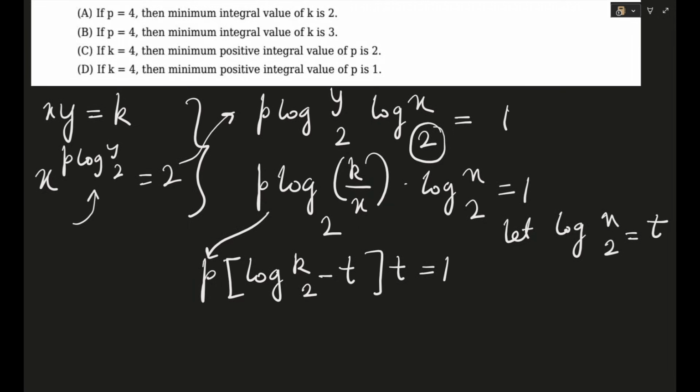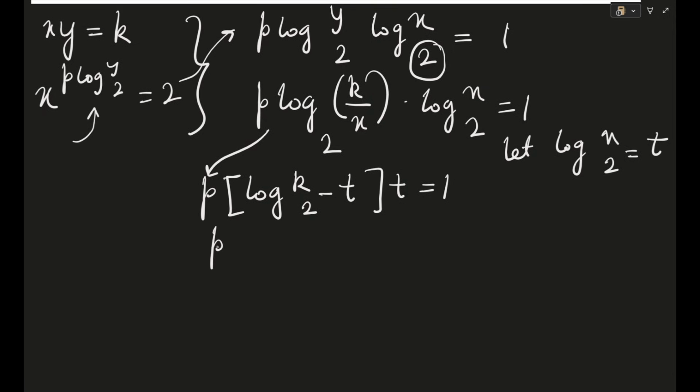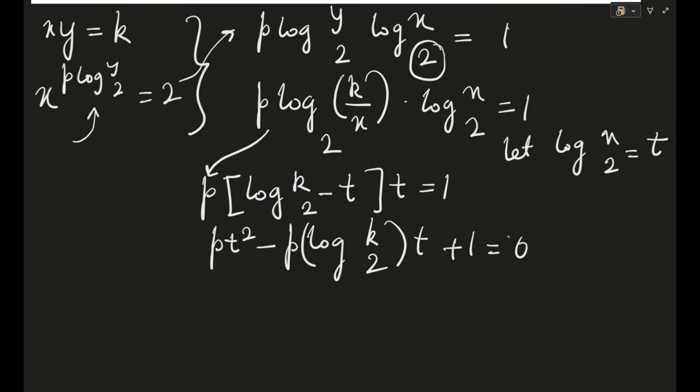If we do a little manipulation, this comes out to be pt square minus p log k base 2 into t plus 1 equals 0, and therefore this has turned into a quadratic equation.